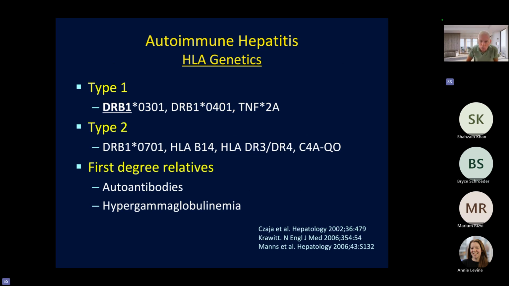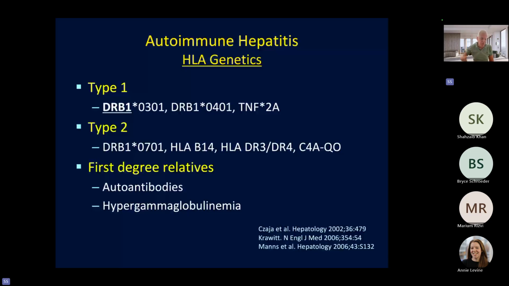What we know about autoimmune hepatitis is that it is associated with specific HLA genotypes, and the genotypes can be differentiated between type 1 and type 2 autoimmune hepatitis, and we'll talk about these two types. It's the DRB1 species of HLA genome, and there are specific phenotypes within the DRB1 that are characterized by both type 1 and type 2.